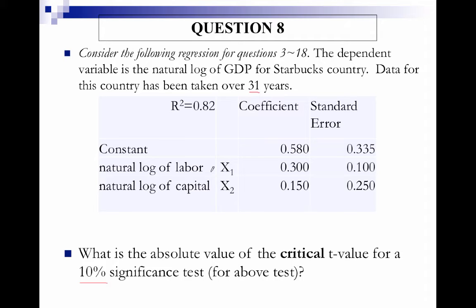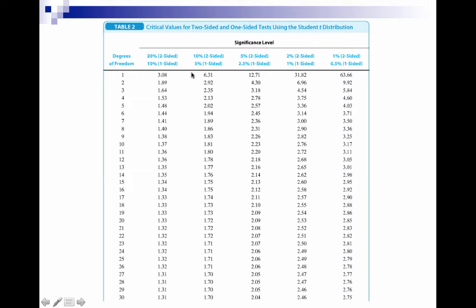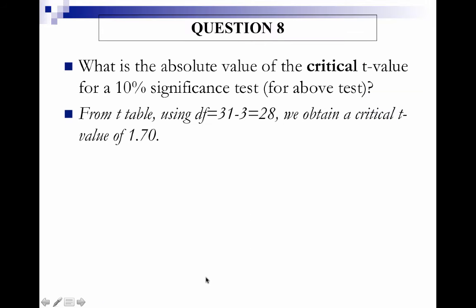And our k is equal to 2 plus 1. So it's n minus 3. Degrees of freedom are equal to 28. So we look at 10%, right? Two-sided. We go down. We're looking at 28 degrees of freedom, and we get a critical t-value of 1.70.